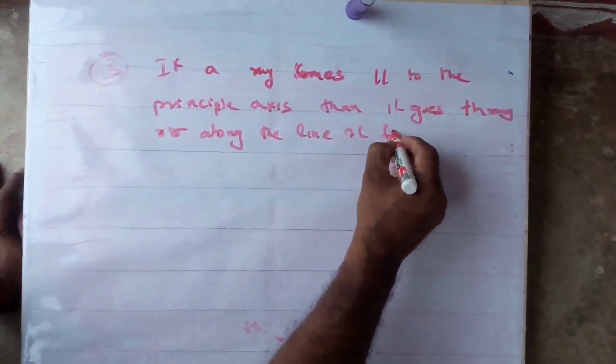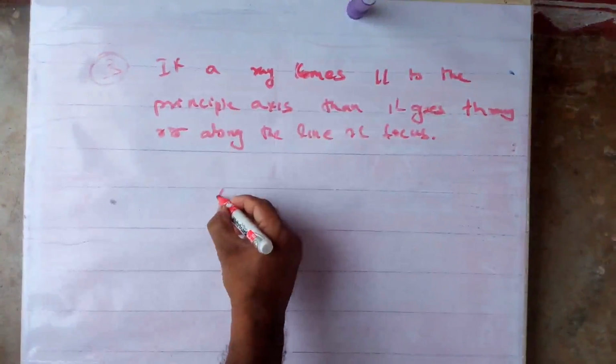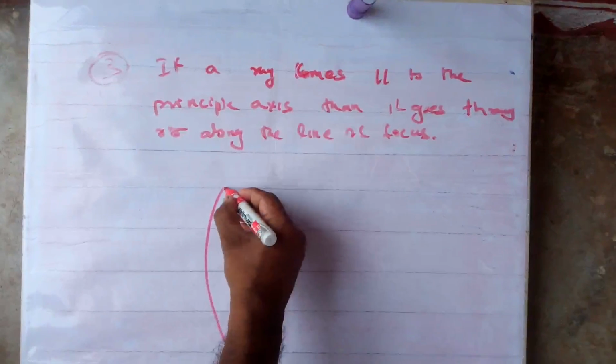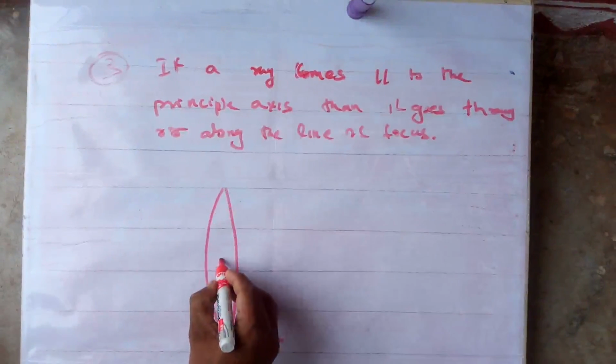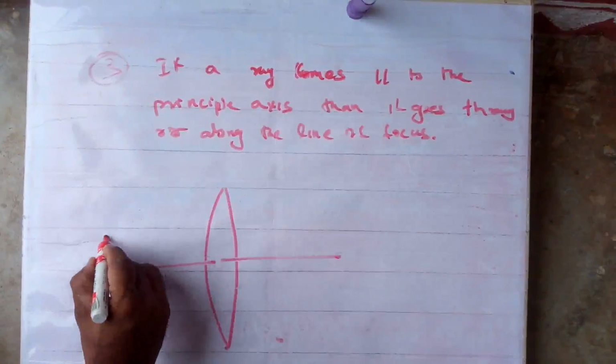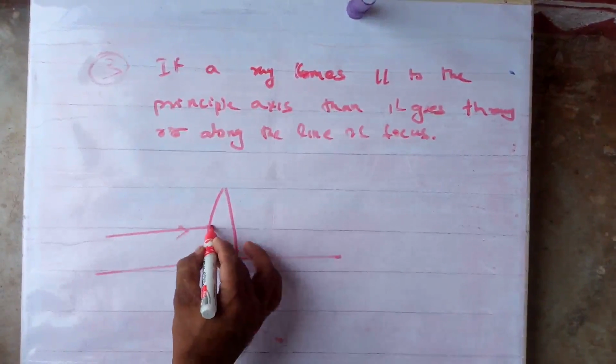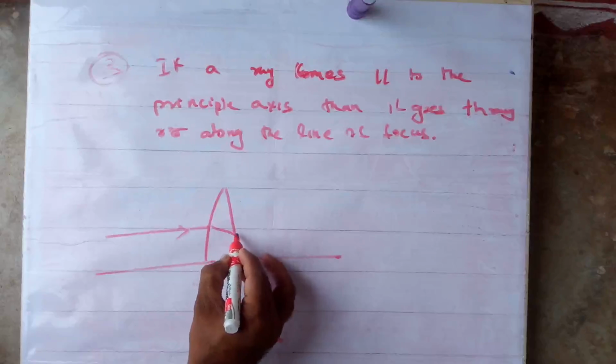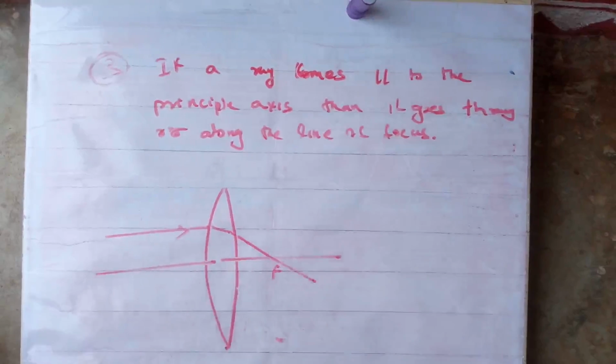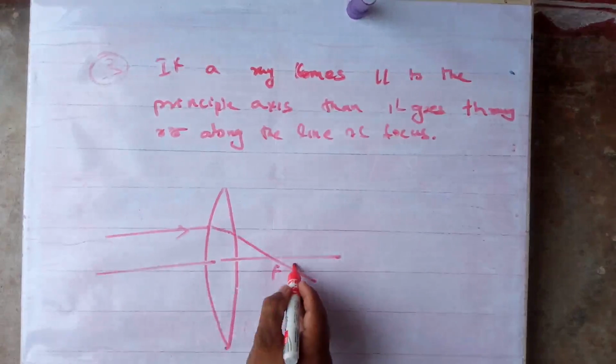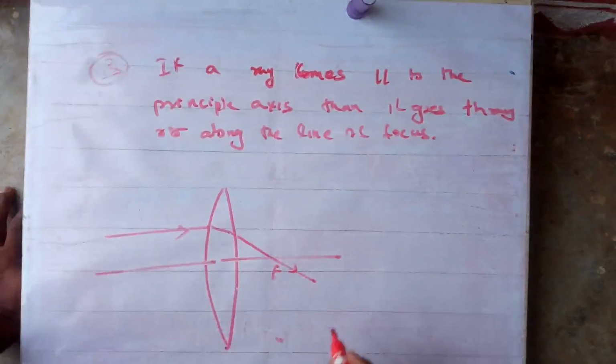Line of focus. Clear? So this is it. Suppose this is the ray. A ray came parallel to the principal axis, it converges again and passes through the focus. This is rule number 3.